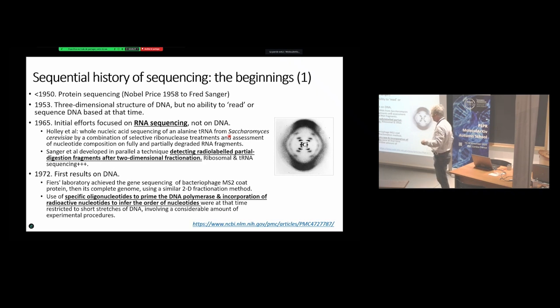So these were very tedious methods, requiring the development of specific oligonucleotides that primed the DNA polymerase, and the incorporation of radioactive nucleotides to infer the order of nucleotides. It was done, but only on very short stretches of DNA, and it was very demanding in terms of experimental procedure.